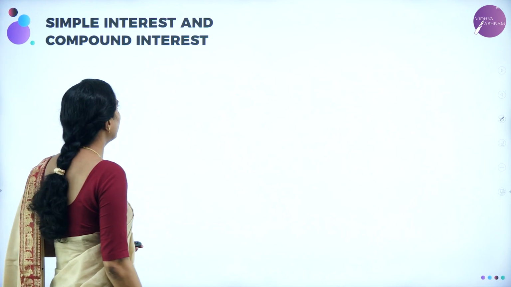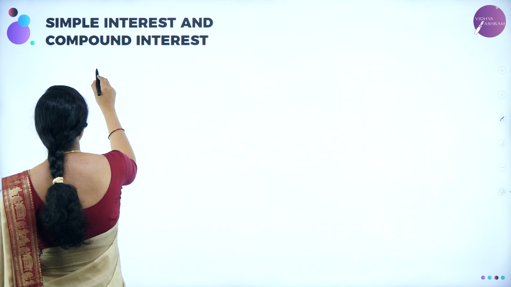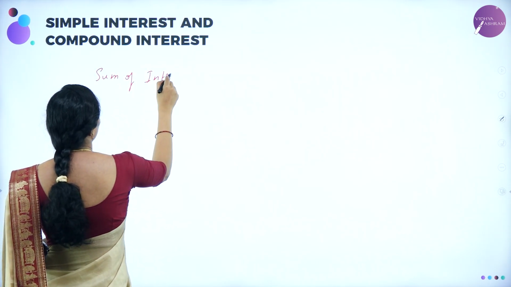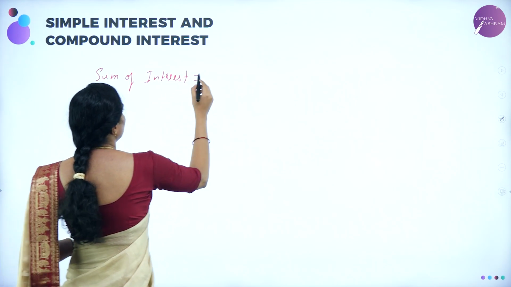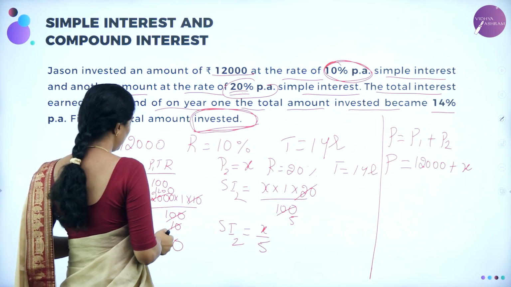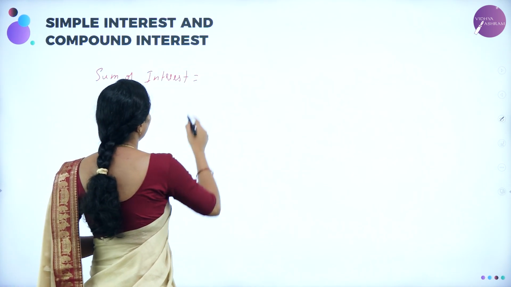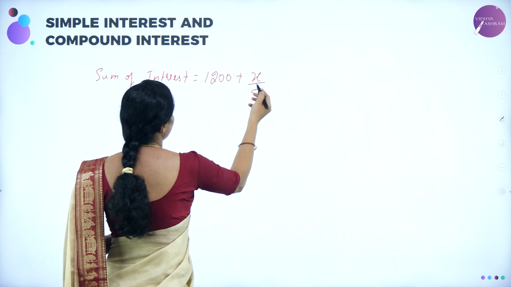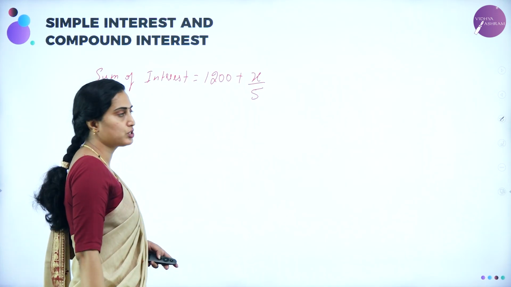So the sum of the interest will be 1,200 plus X divided by 5. Correct?